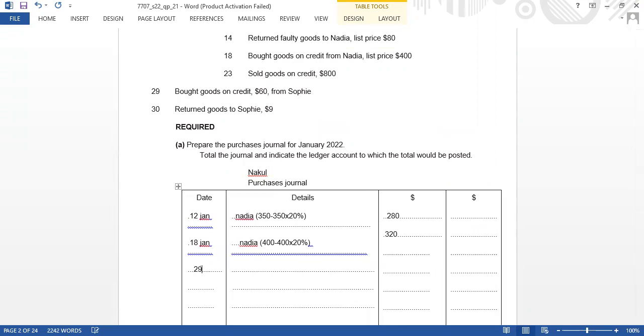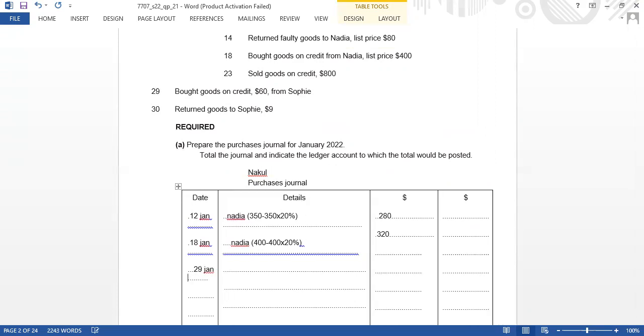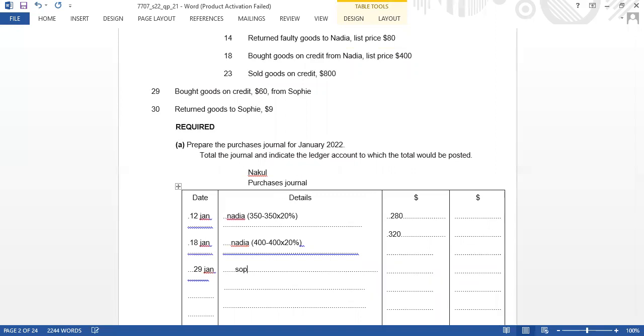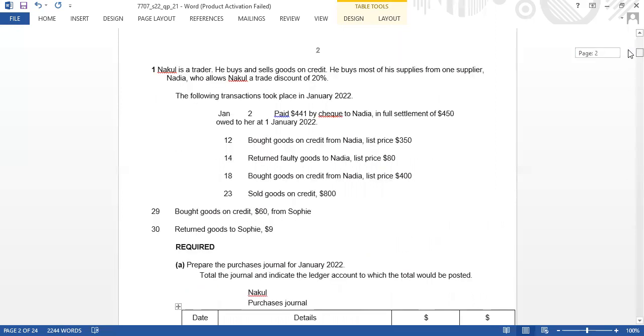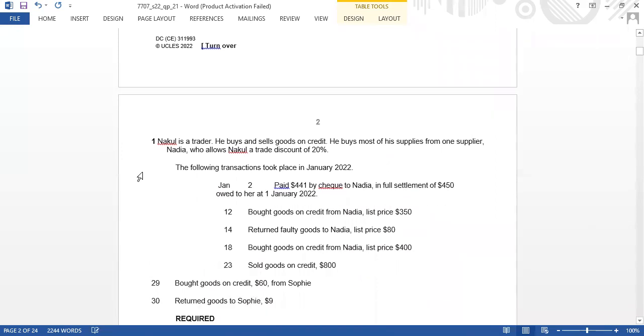29 Jan, Sophia, 60, because it was written that a 20% discount was only given by Nadia, who allows Nakul a trade discount of 20%. That means only Nadia gave Nakul 20%, not Sophia, not any other supplier.